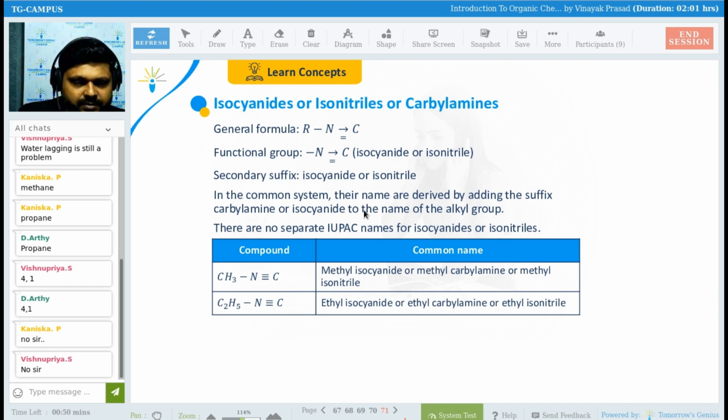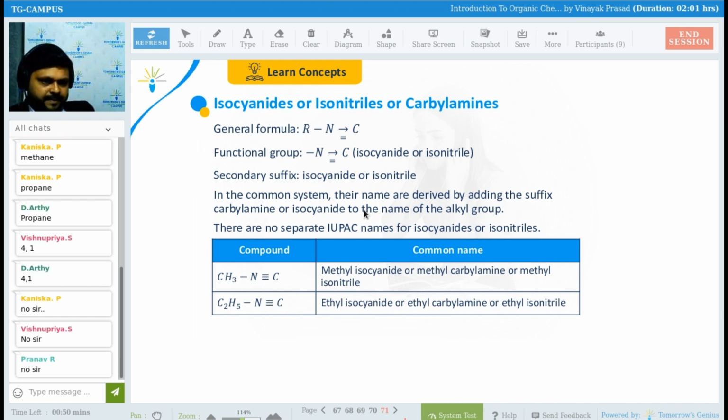Yes, now visible, sir. But students are saying that I am not visible. Hello, students. Sir is visible to you. Everybody is typing no. So just refresh from your side. Pranav, Vishnupriya, Arti, just refresh once.